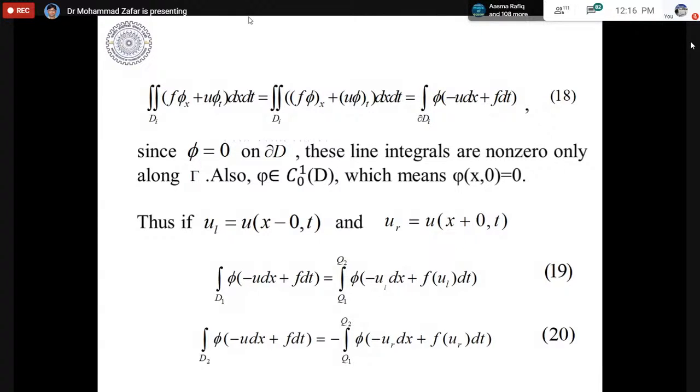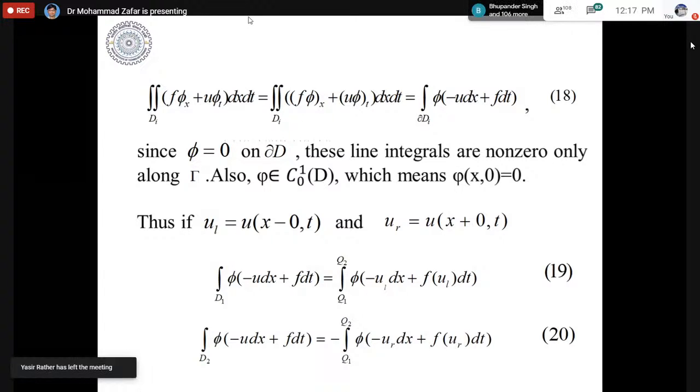Now from equation 18 we have the single integral over ∂D1. The line integral of φ(-u dx + f dt) along gamma from Q1 to Q2, since on the boundary of D it is 0, becomes φ(-u_L dx + f(u_L) dt), because we are approaching gamma from the left. So u_L is used there because u_L is the left hand limit.